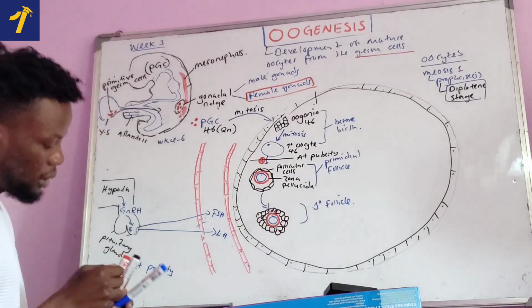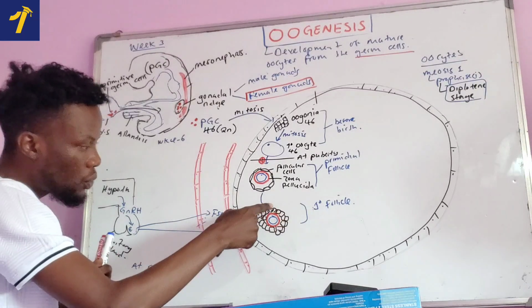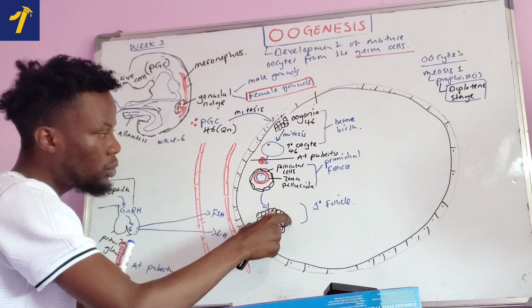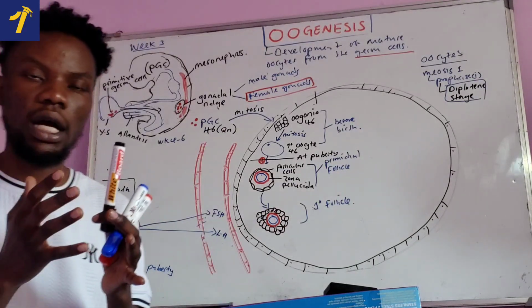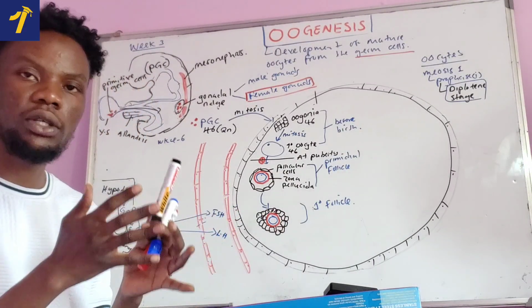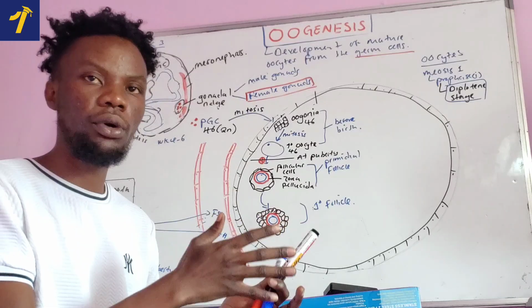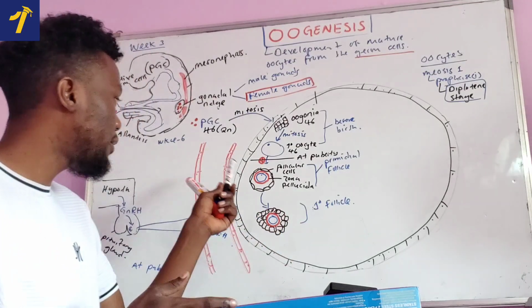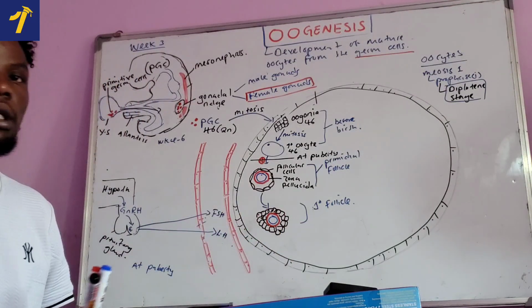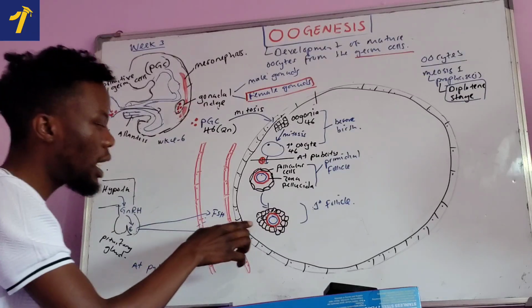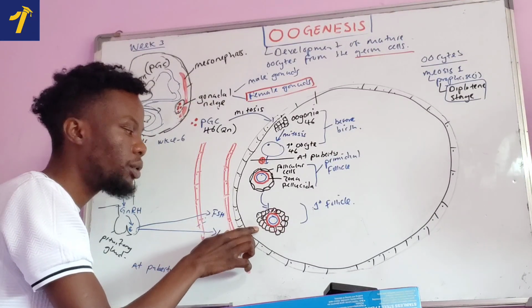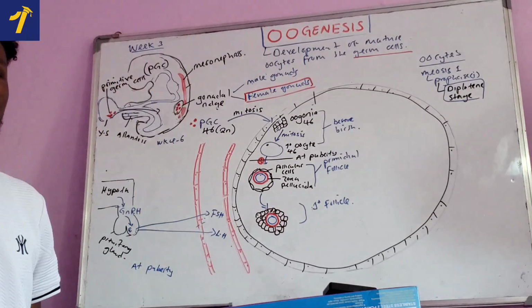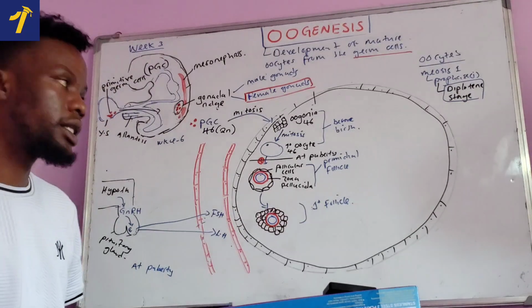Okay. Now, these cuboidal cells, we're not going to call them follicular cells. The name is going to change because the cells have changed into cuboidal cells. They were flat initially, that's why we were calling them follicular cells. But now they've changed shape into cuboidal form, and we're going to call them granulosa cells.